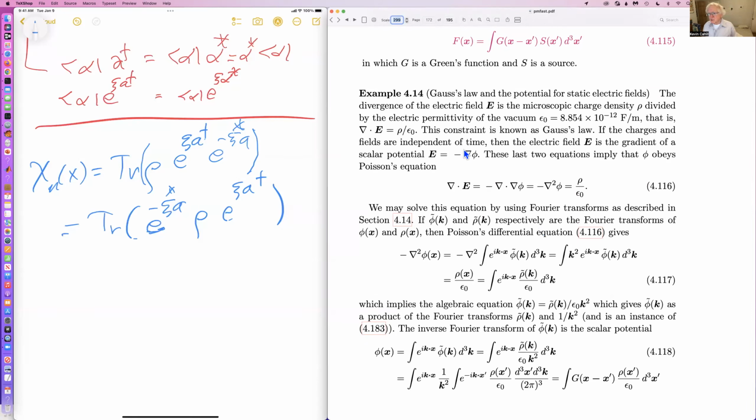I think since we're going to go more slowly in chapter 4, I'll go through this example, which is, of course, really important. One of the peculiar things about nature is that it's described by theories with an extraordinary amount of symmetry.